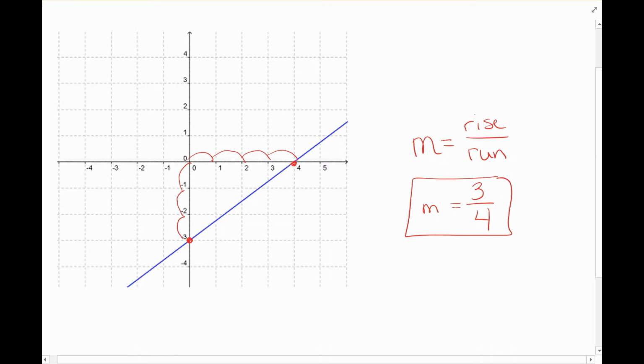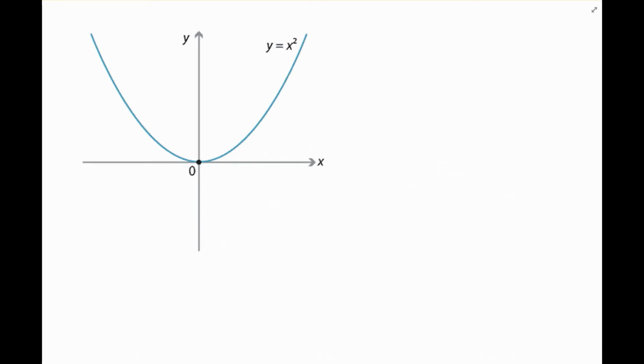Okay, so the problem is, let's say we have a curve like this, you can only find the slope of a line. So when you are faced with a curve like the one you see on the screen right now, this is a parabola, you can't find the slope of this curve. You can only find the slope of a line.